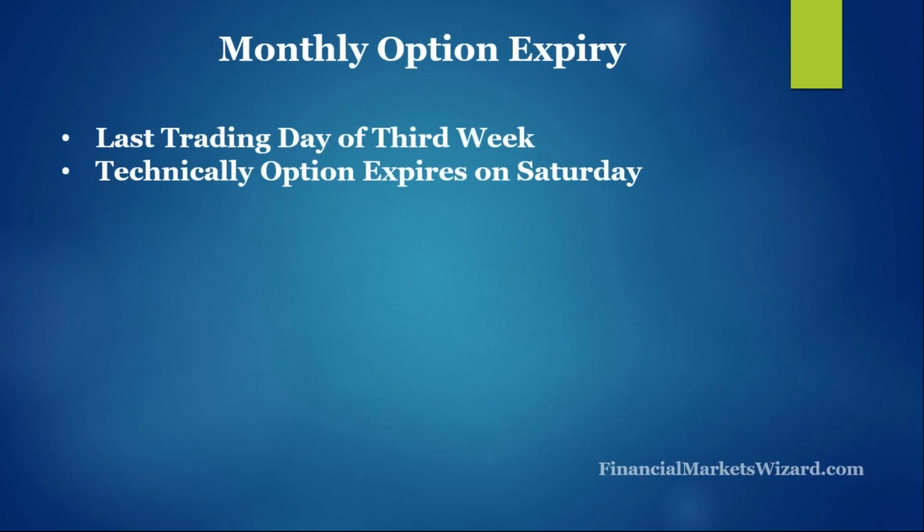Monthly option. For monthly options, the last trading day is in the third week of the month, and technically they expire on Saturday, but since there's no trading, it expires on the last trading day of the third week, which is Friday.